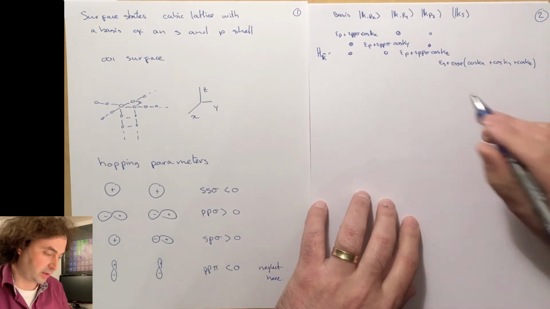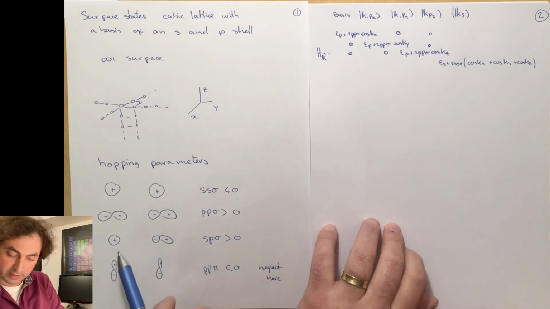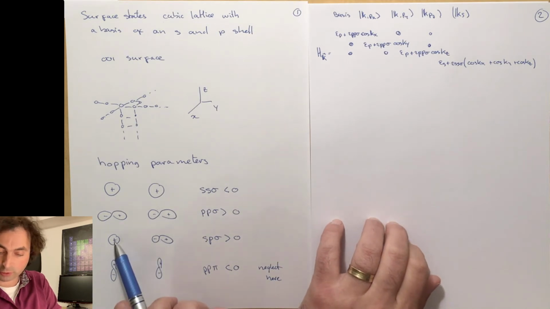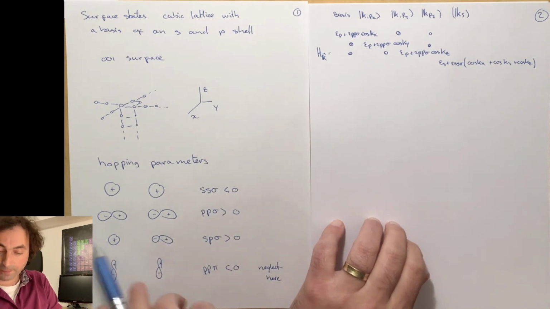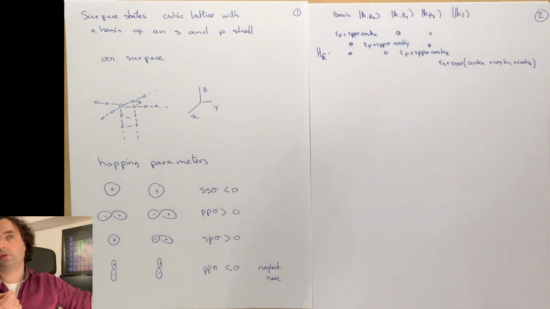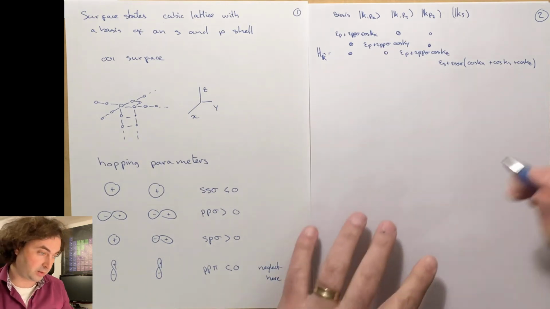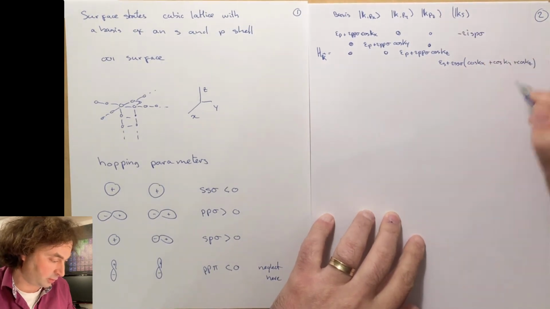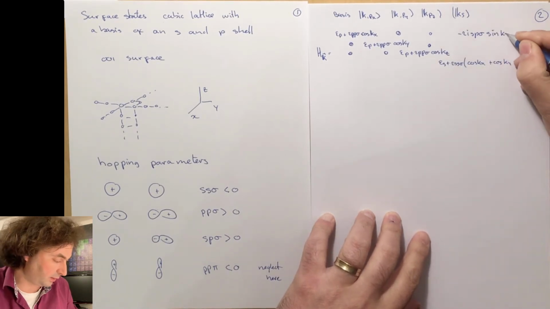But there is a direct interaction between the p and the s orbitals. Now if I hop from s to p to the right, you hop from a plus lobe to a minus lobe. But if you hop from an s orbital to a p orbital in the minus direction, you hop from a plus lobe to a plus lobe. So you have a different sign for hopping to the right and to the left. So you get e to the ikx minus e to the minus ikx, and that gives rise to a sine dependence on the hopping matrix elements instead of a cosine dependence where the hopping to the right is equal in sign to the hopping to the left.